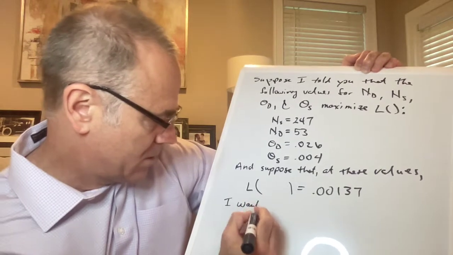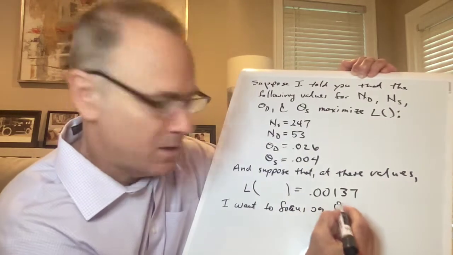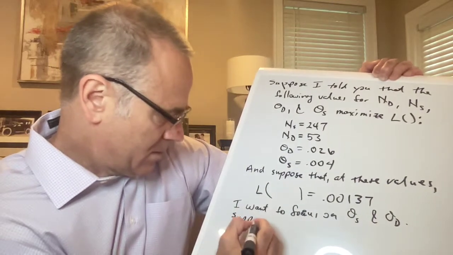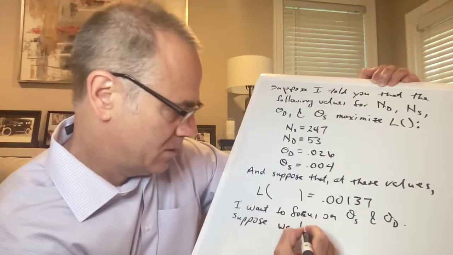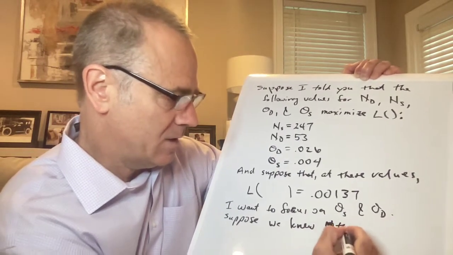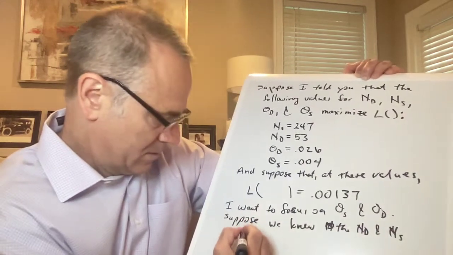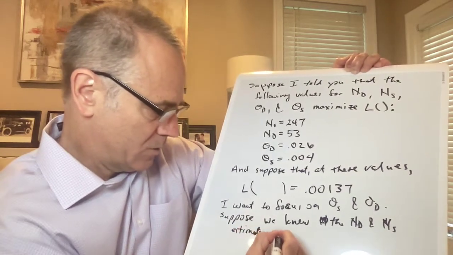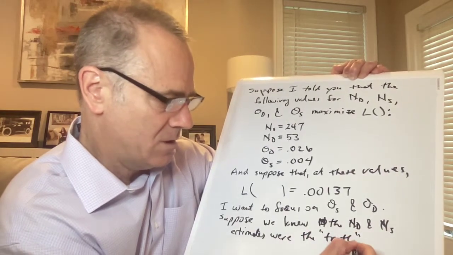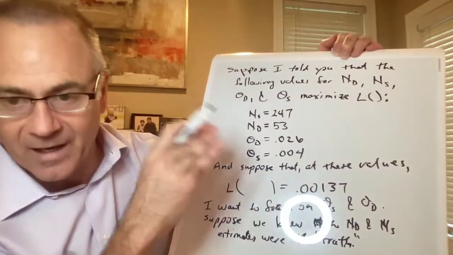I want to focus on theta S and theta D. Suppose we knew the ND and NS estimates were the truth. I'll put that in quotes. So I want to ignore NS and ND for the moment.